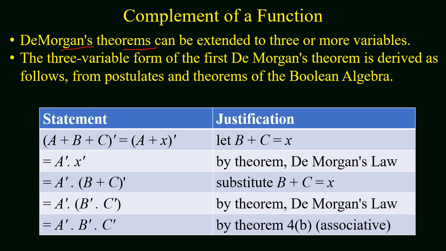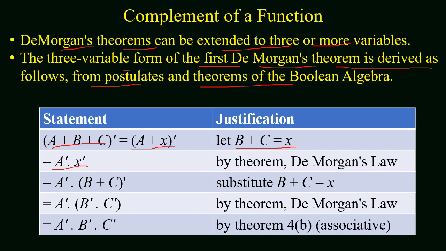Starting with any three variables a, b and c, the first form of De Morgan's law can be derived using the postulates and theorems of Boolean algebra. For instance, we wish to find (a plus b plus c) whole prime, so we will use a substitution which says that x is equal to b plus c, and the equation is reduced to (a plus x) whole prime. By the first law we know that (a plus x) whole prime is equal to a prime dot x prime.